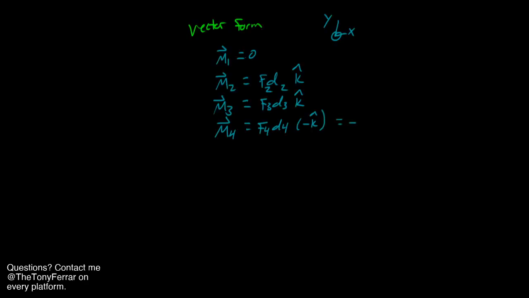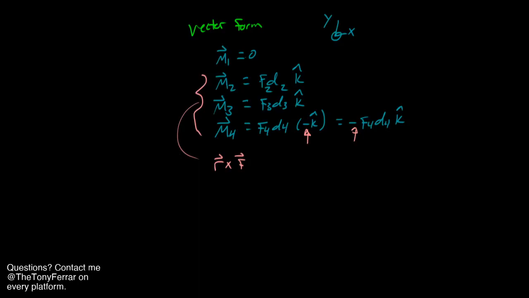We tend to write this as just minus F4 D4 K hat, but I don't want you to get mixed up. The negative sign here came from the direction of the vector, not from the direction that F4 is pointing. And by the way, even though we could have just eyeballed this one, you could have gotten all of these using good old R cross F for each one of these if you worked it in vector form.